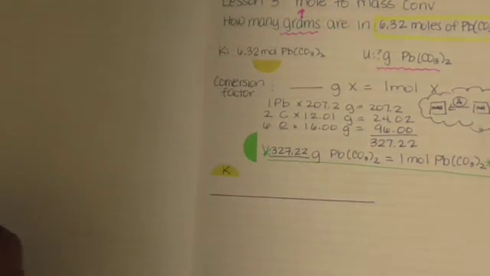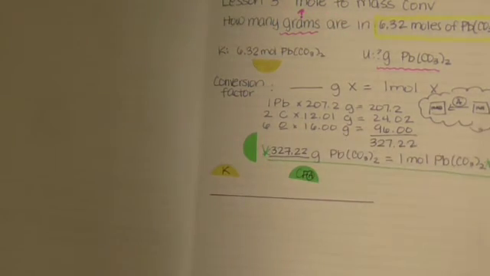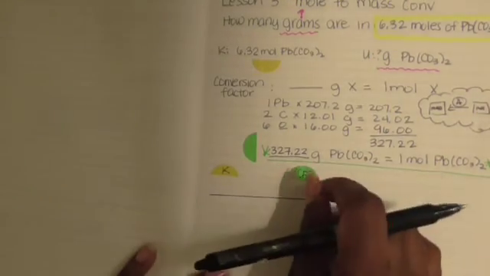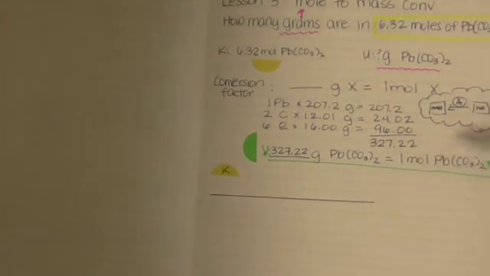Your conversion factor will go in the next section. And I don't like the way that looks. You guys know I have perfectionist tendencies, so we're just going to change that to A.